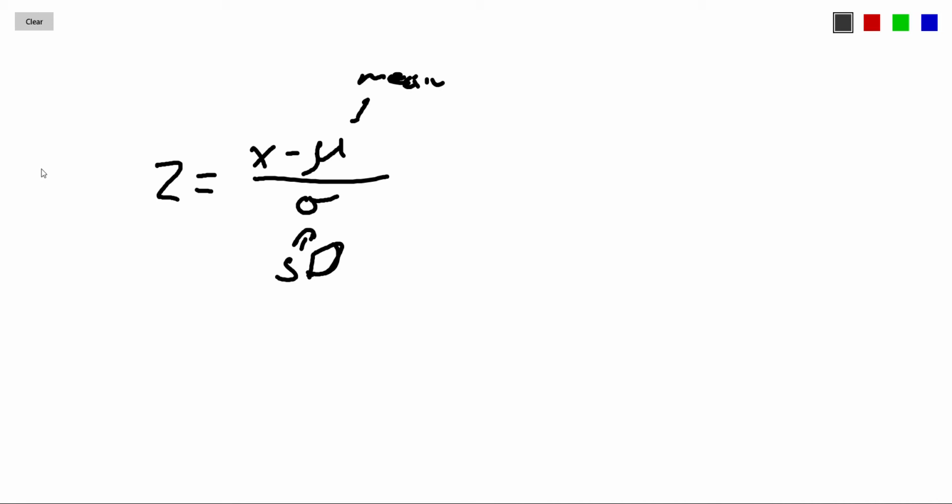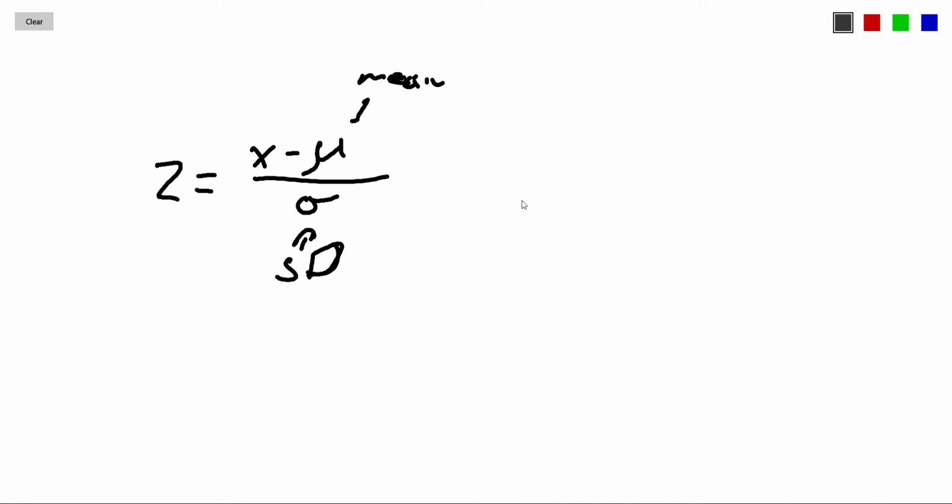And so we have our first example. They give us a mean of 81 and standard deviation of 5, and they say solve these numbers.